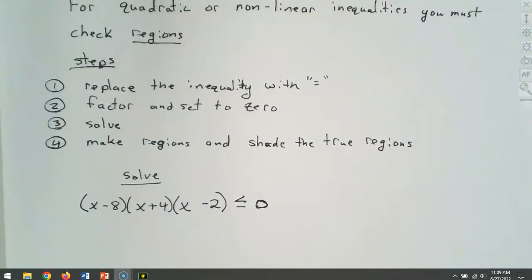So this is a quadratic or a nonlinear inequality, right? It's already been factored for you. The next ones won't be factored, but this one's already been factored. We've got our groupings, right? And they've been factored out.